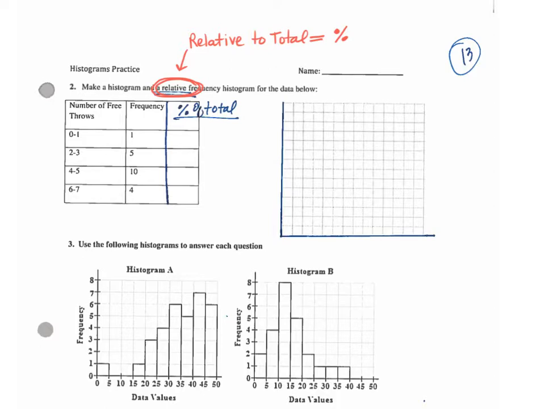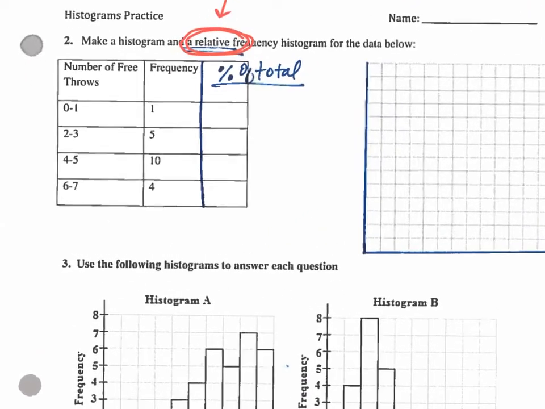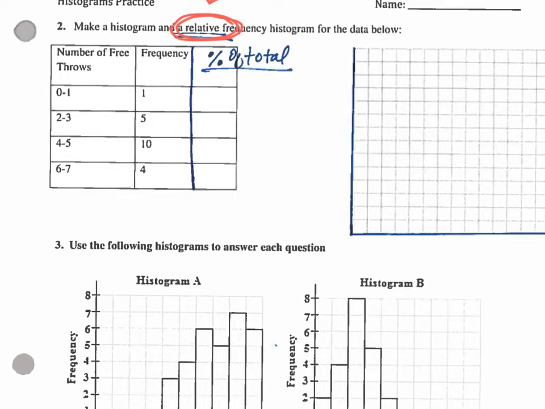Okay, so let's do that. This first set of data is about number of free throws. And how many total free throw items are there in this set? 1 plus 5 plus 10 plus 4 is 20 items. So that means the people that made 0 and 1 free throws, there was one person who made 0 to 1 free throws.